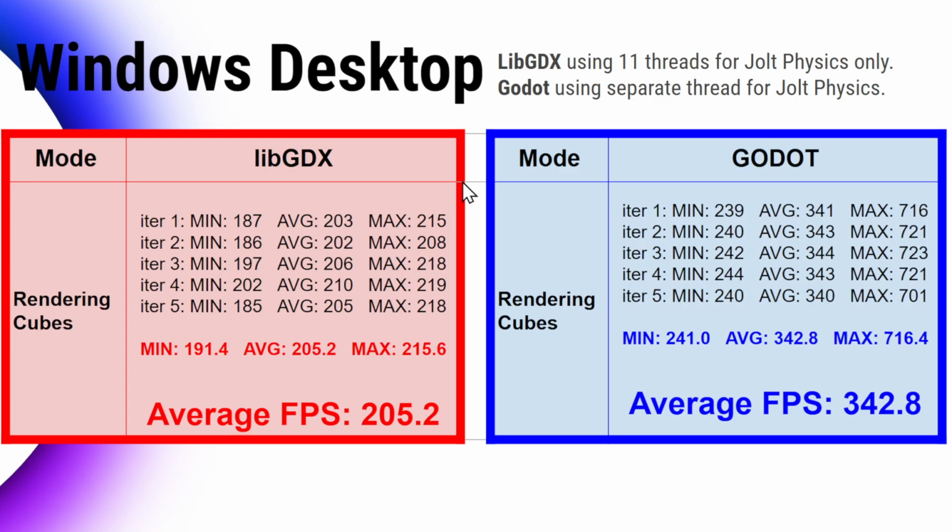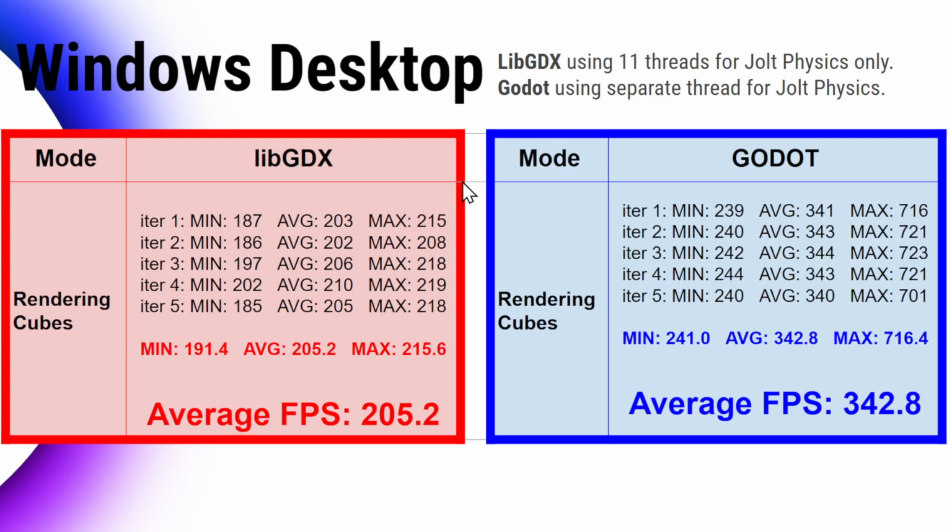So libGDX came at 205, and Godot came in on an average of 342, but its maximum was 716. So this is an indication that I don't think it's Jolt, the Jolt physics engine running through JNI, that is the problem. I think it's actually the JVM and the JNI interface that is the bottleneck.